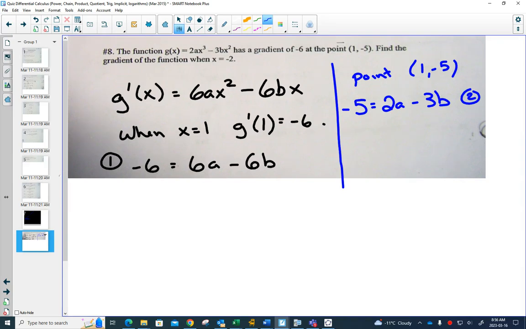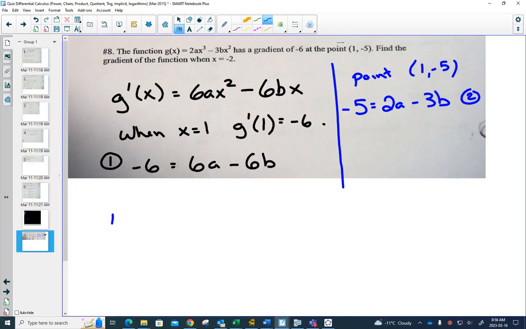with 2 variables. So when you have 2 equations with 2 variables, there's a couple of ways that you can solve it. One of them is called the substitution technique. You look at your equations and say, do I see a way to easily get one of my variables by itself? If I was doing the substitution technique, I would probably take equation 1.